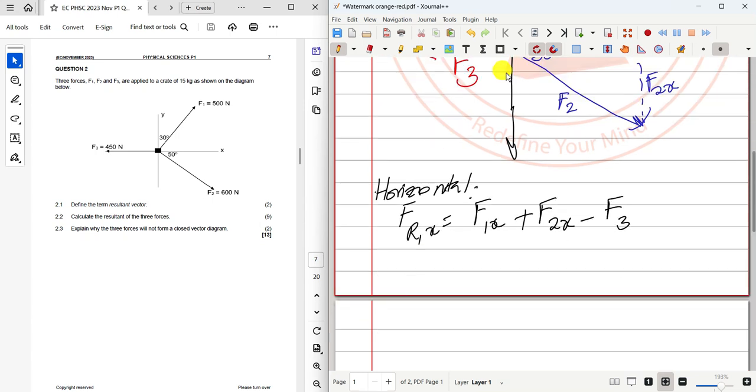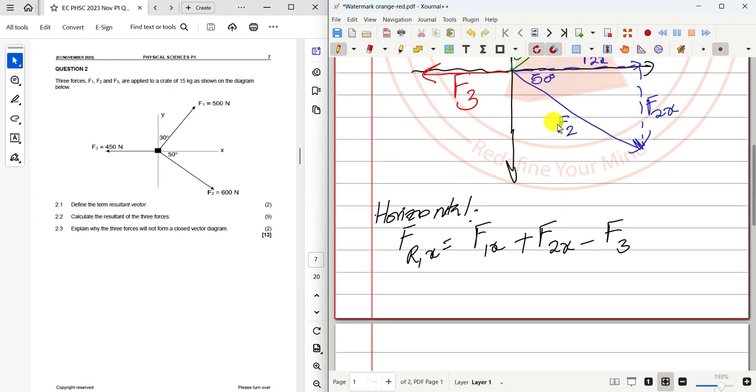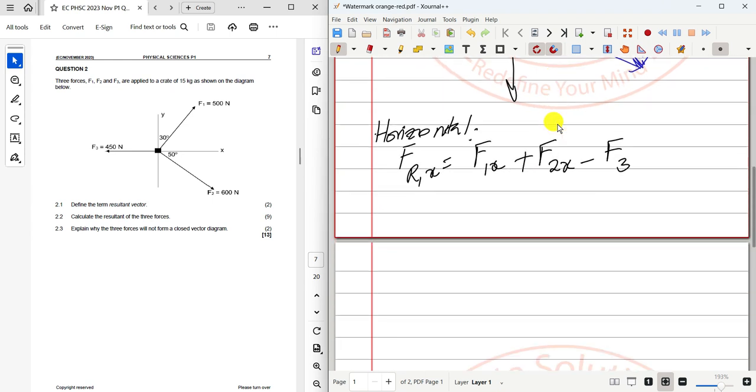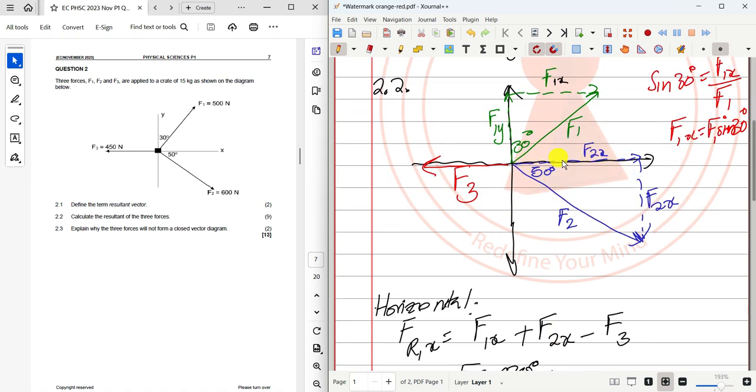Okay, so F1x, going back to using black, we said it is F1 sine 30 degrees. What is F2? F2, as you can see, this is adjacent. So it's not going to be sine, it's going to be cosine because it's adjacent and hypotenuse.